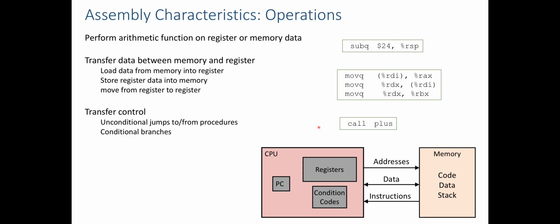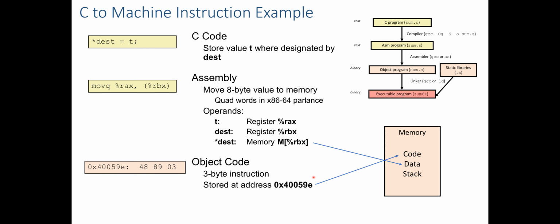All right, so to summarize all of this that I've just gone through, we can have C code that looks something like this. We're going to learn a lot about this star and pointer dereferencing. The idea here is that dest is a pointer, and we're going to get the place in memory where it is pointing to.